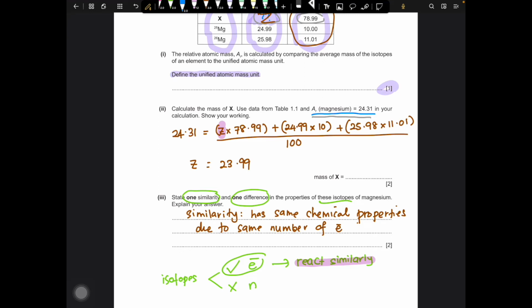And since these isotopes have a different number of neutrons, they will have different physical properties. Those physical properties include density, mass, and so on.